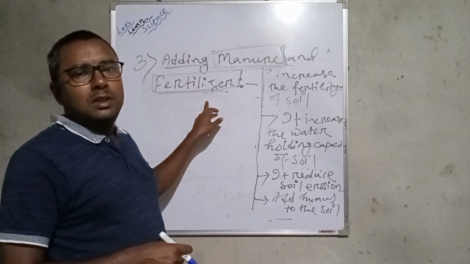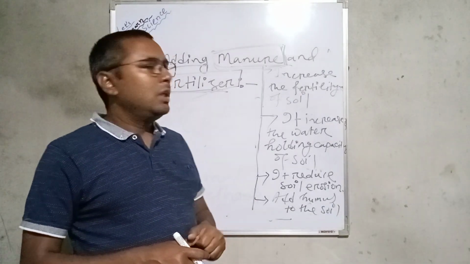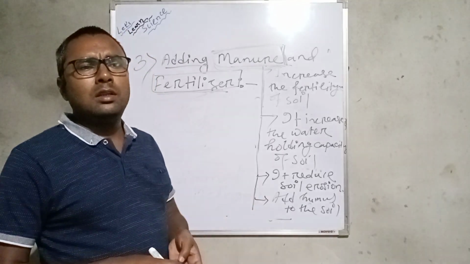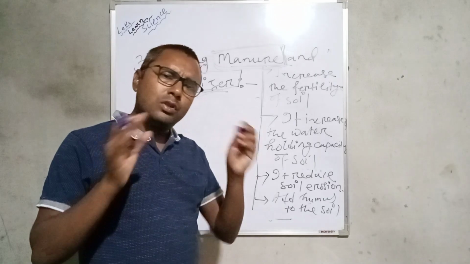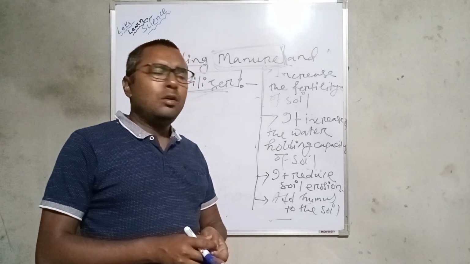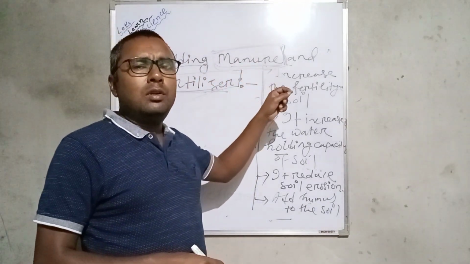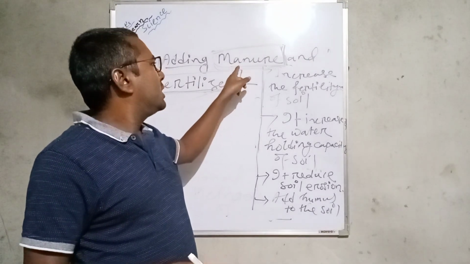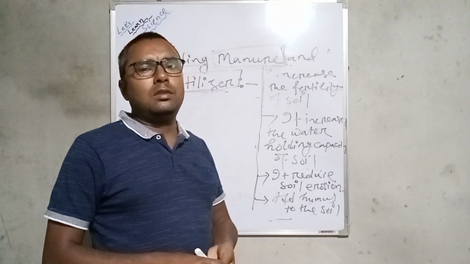But there are some disadvantages also. If an excessive amount of fertilizer is used, then it is very harmful for the crops. It also degrades the quality of the soil. But in case of manure, if it is used in excessive amount, it is not harmful for the crop, and it does not degrade the quality of the soil.